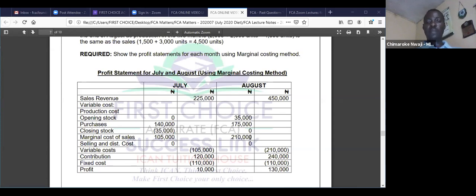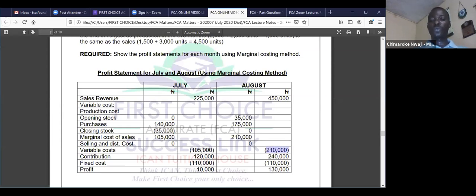So you're adding them here to get this marginal cost of sales, 210,000. Yes, it's correct. Now, we are not given any selling and distribution expenses in the question. So when we say 210 plus 0, we are still getting our 210 here. So our 210 is our variable cost.